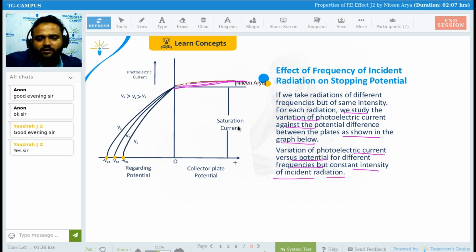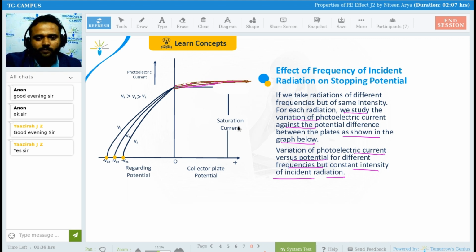After a certain range, they become constant in this way. Clear everyone? This is going to be the saturation current.